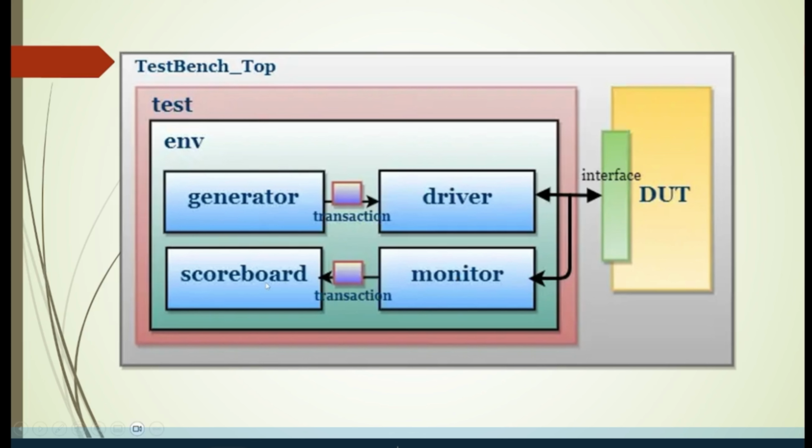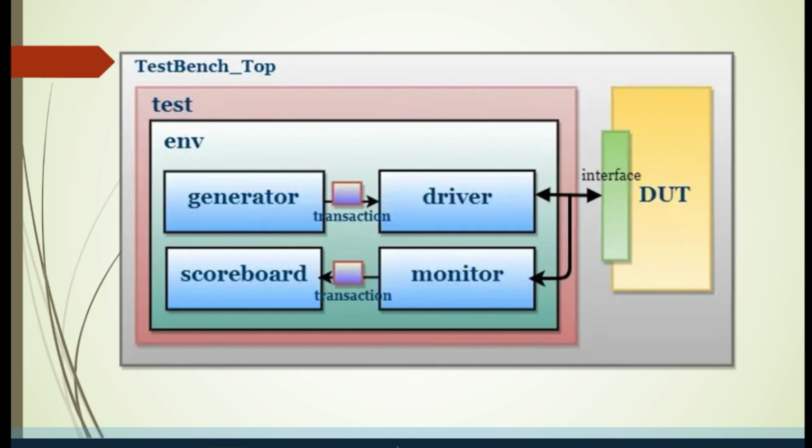Why? Because in the scoreboard the checking happens, like whether everything is correct, whether the input and the output are correct if you are writing some test cases. Basically, in the scoreboard it will be checking the expected output and the actual output.